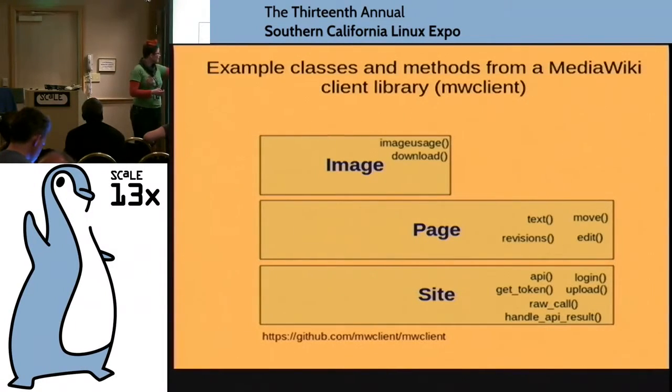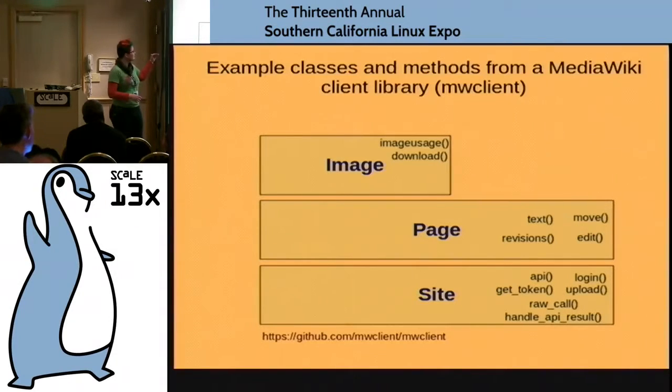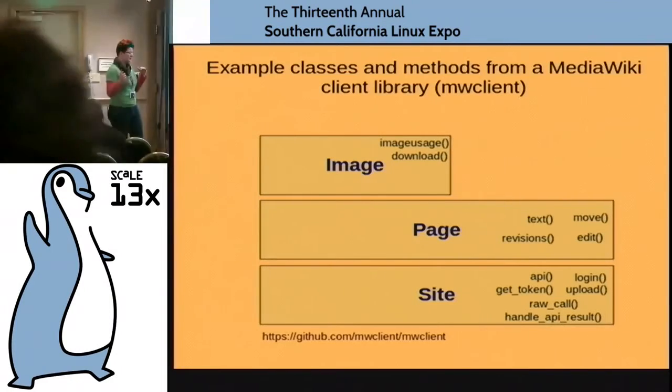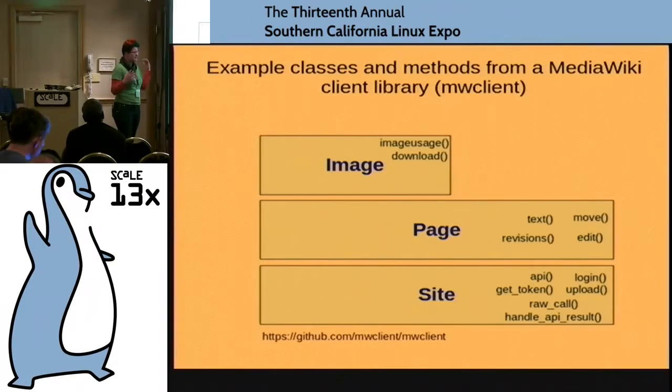You have the API get token, so that's the CSRF protection token. You have helper functions that will just handle what that gives back, and then you can work on the page level where, you know, page.text, page.move, but you're not going to call, for instance, page.api.